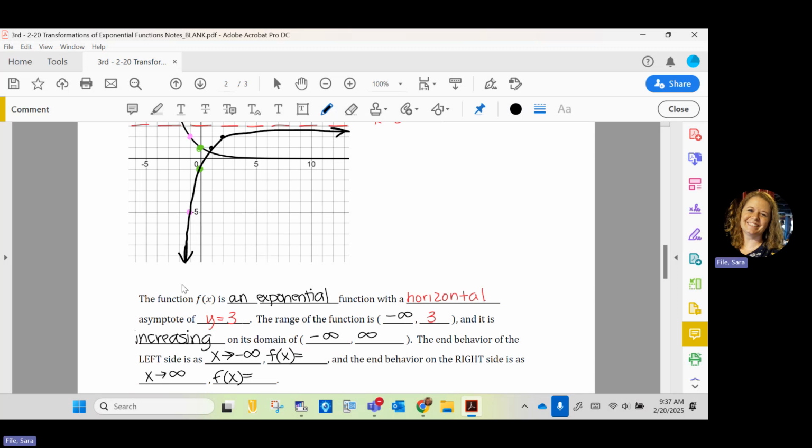Negative infinity on the left. Okay, what about on the right? What y value is this getting closer and closer to? As my graph goes to the right, what's the y value it's approaching? 3. So again, those values come from the range.